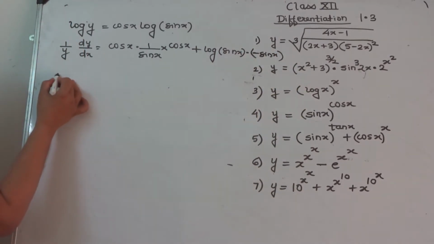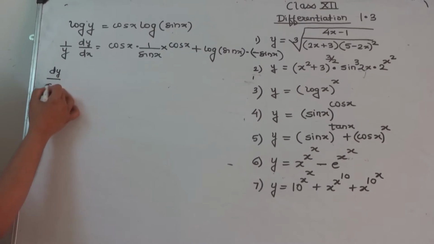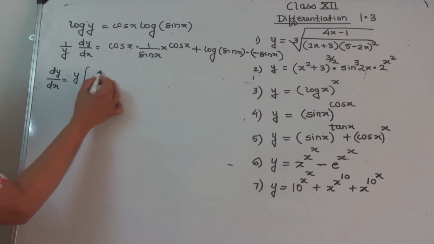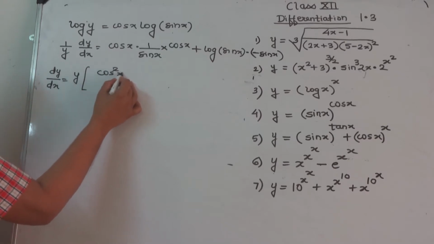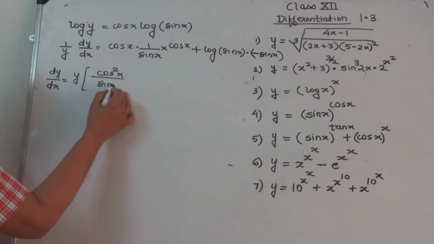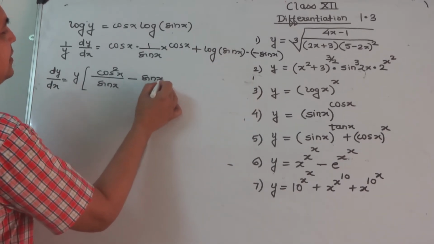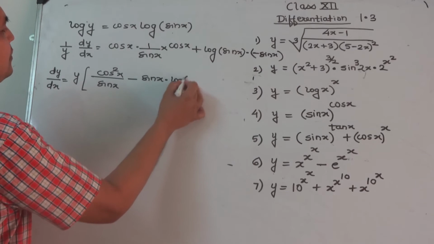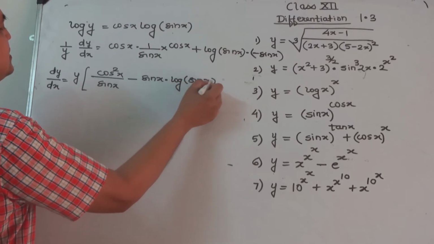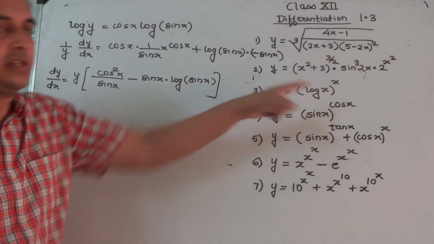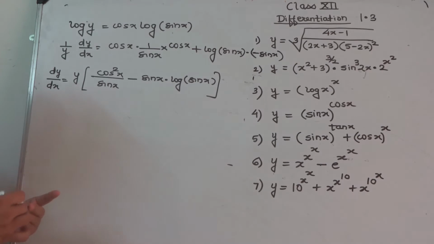So what do we get? dy by dx, we have to multiply by this y, in bracket cos square x upon sin x, this is plus into minus is minus sin x into log of sin x. And in the last step, students, in place of y we write sin x raised to cos x, and that will give the final answer.